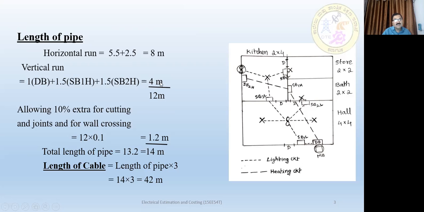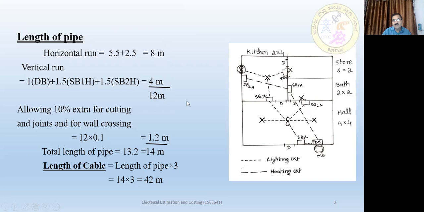So what is the total length of pipe now? The horizontal run is 8 meter, and the vertical run is 4 meter, total 12 meter.